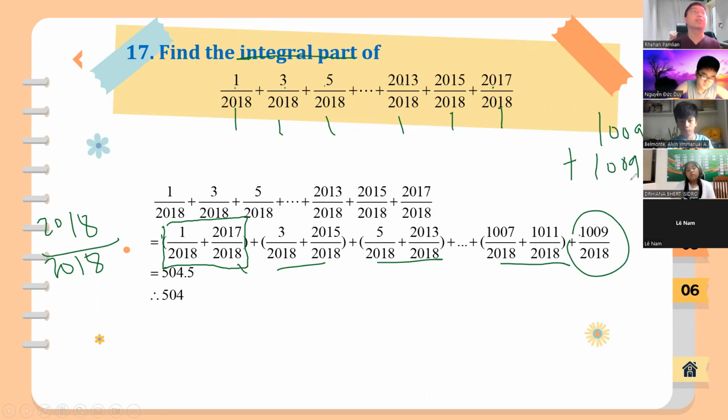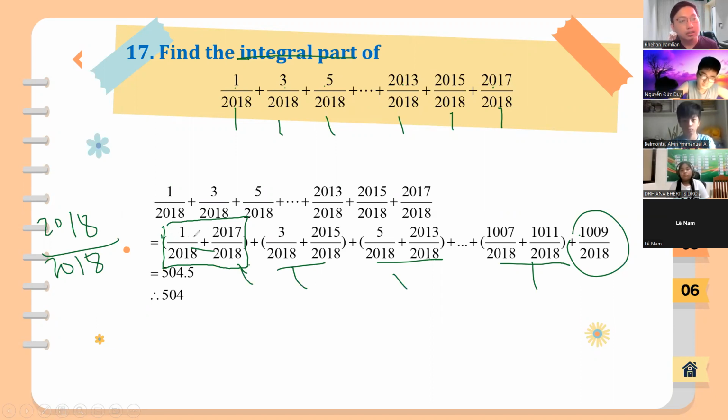But we don't have an extra 1009 in the series because these are distinct, increasing numbers. So there's no way there are two 1009s in this sequence. Each term here should be unique. So if I just count how many ones I could get, that's going to be my answer, right?